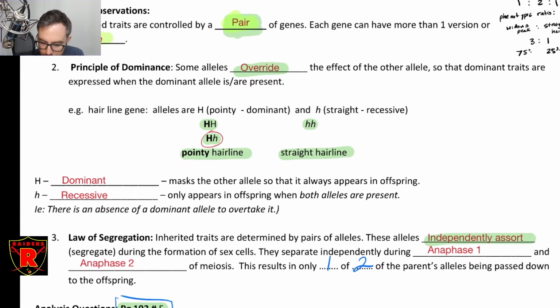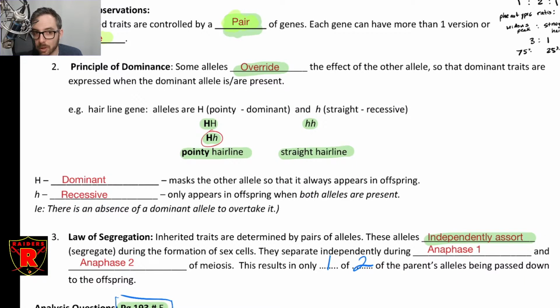He also figured out the principle of dominance, which we've also talked about, which is that a dominant allele will override a recessive allele. So if you have the dominant allele, you will always show the dominant trait, even if you have a recessive allele as well. For example, if you have a pointy or straight hairline, even if you are heterozygous, you're always going to get pointy, which we called widow's peak.